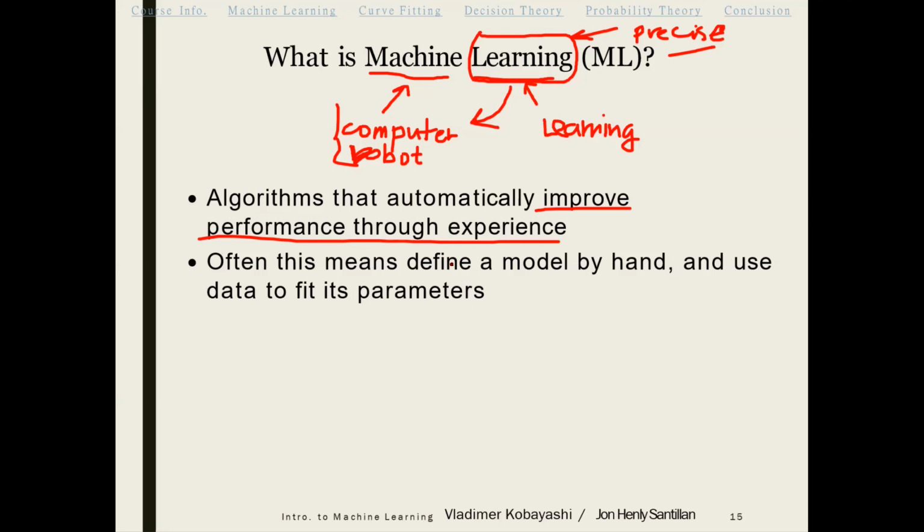Okay? So if we can devise algorithms that we can put in the machine, and these algorithms can improve through experience, then we say that there is learning. Often, this means defining a model by hand and using data to fit its parameters.